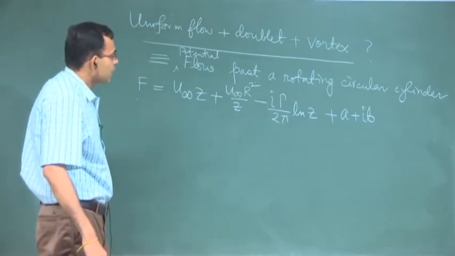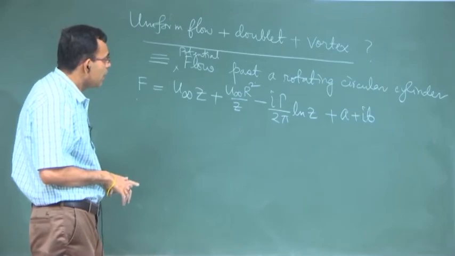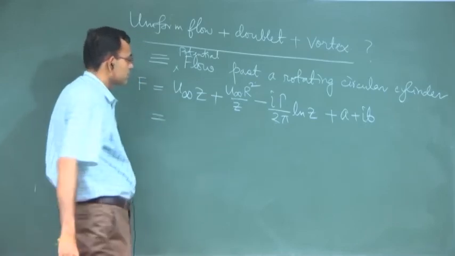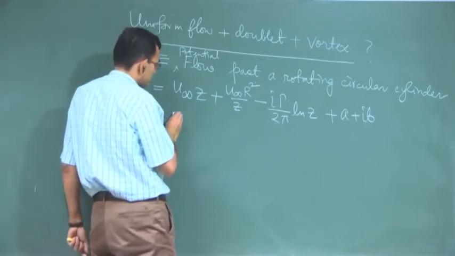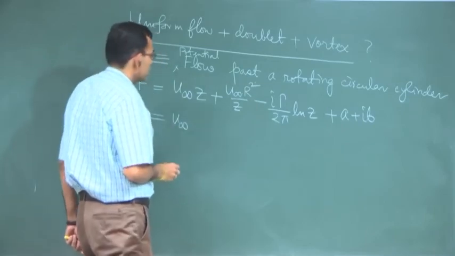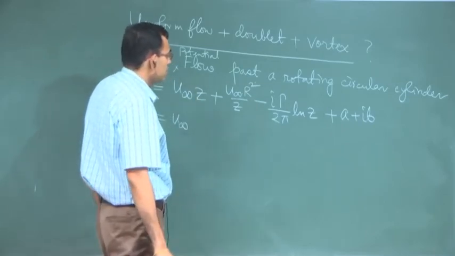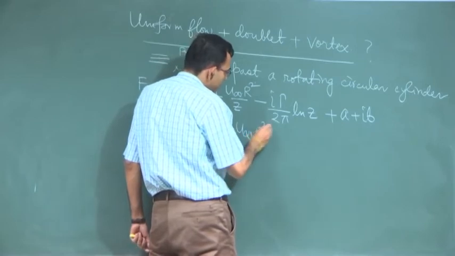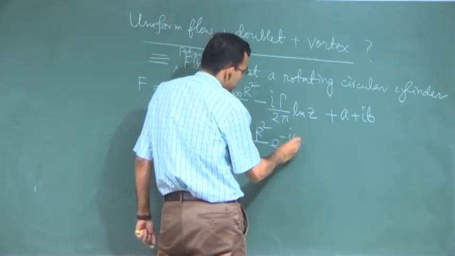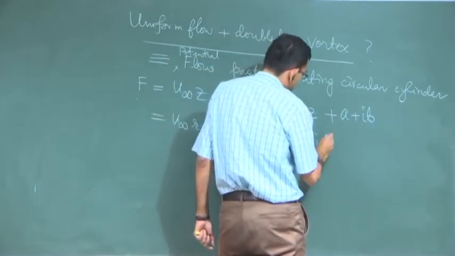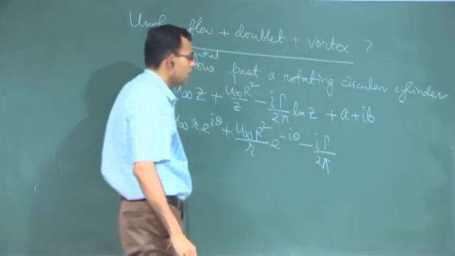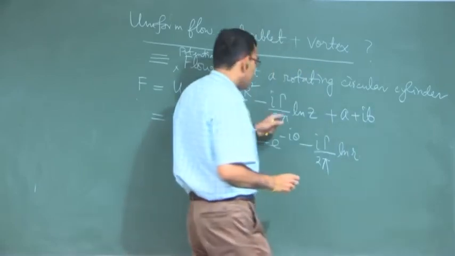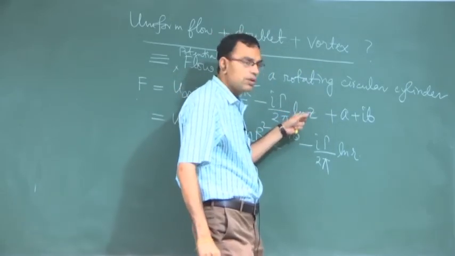So, how do you do that? First of all, let us write this. u infinity z is r e to the power I theta plus u infinity r square by r e to the power minus I theta minus I gamma by 2 pi ln r minus I gamma by 2 pi ln e to the power I theta is I theta.